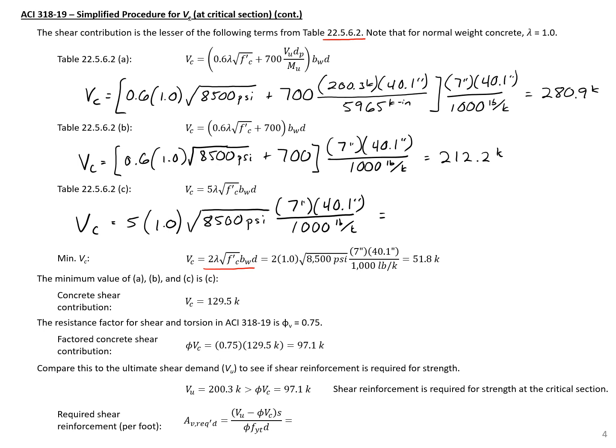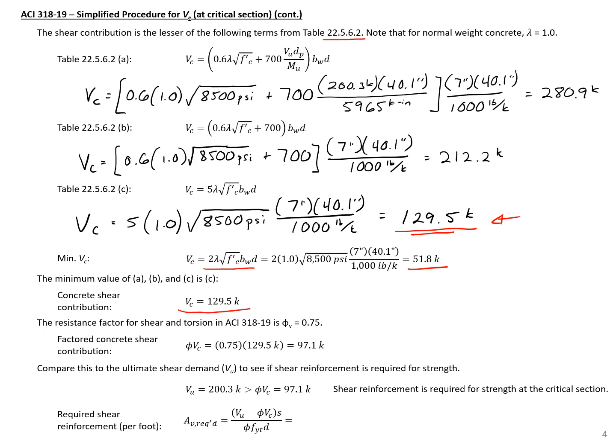It's going to give us a value here of 129.5 kips. So we can see this 129.5 is the minimum of our A, B, and C equations. And also 129.5 is greater than our 51.8. So this will be our Vc.